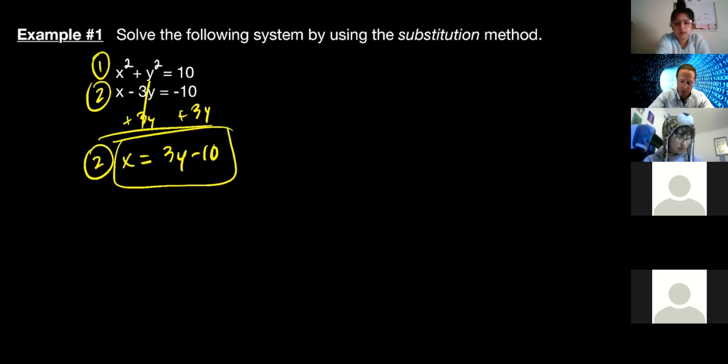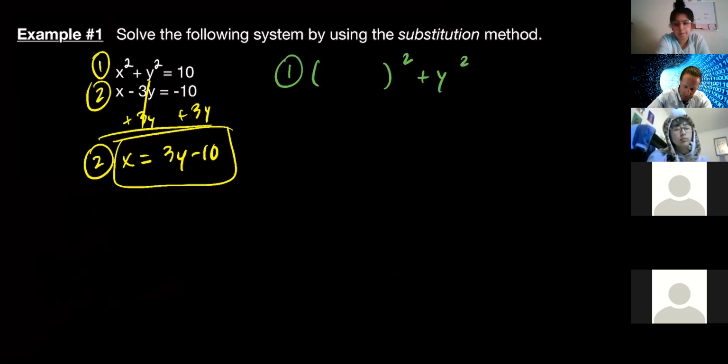Don't solve for equation 2 right here and then plug it in here. Okay, that's the same equation. But I will go over to equation 1 now, which is my x squared plus y squared equals 10. And I will substitute in what I know x is.